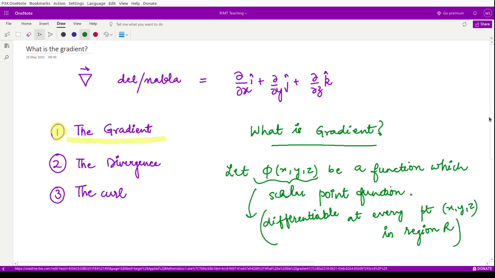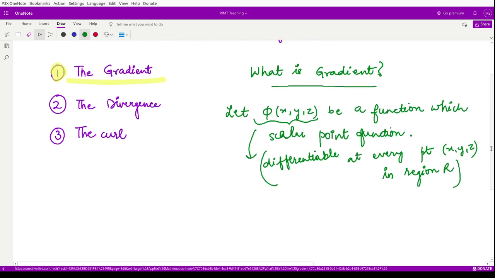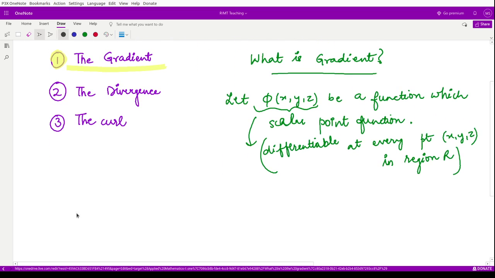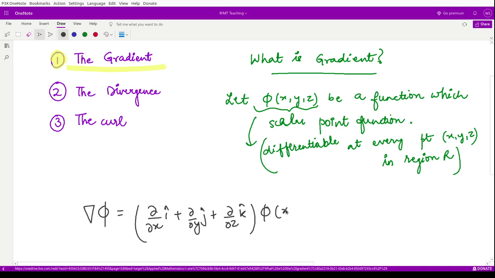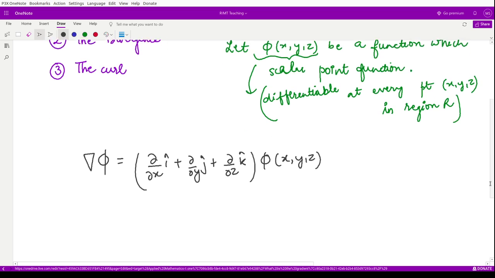If this is a scalar point function, then we can define the quantity del of phi, which is applying this del operator, del by del x i cap plus del by del y j cap plus del by del z k cap, onto the function phi. When you solve this quantity, what do you obtain?